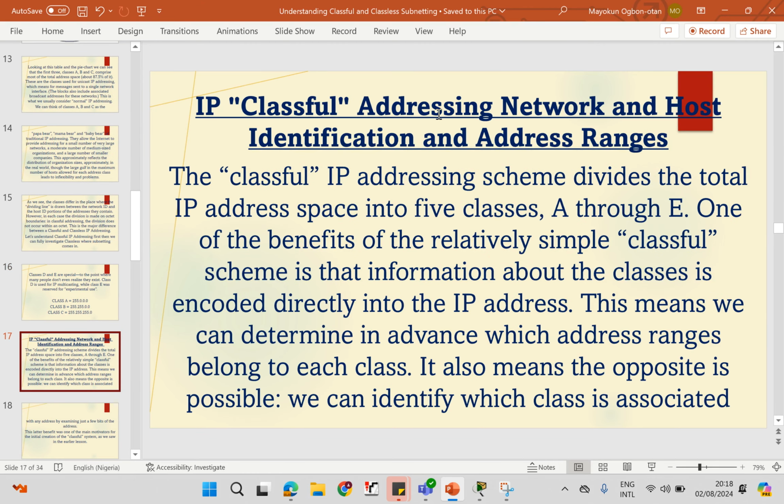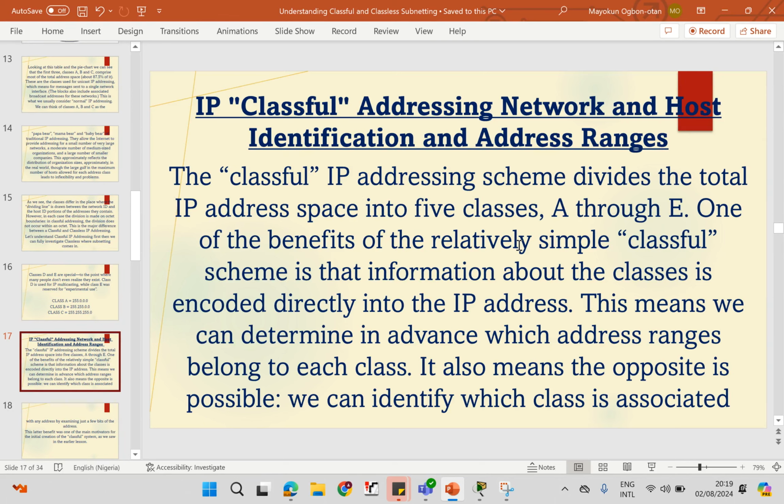IP classful addressing network and host identification and IP address ranges. The classful IP addressing scheme divides the total IP address space into 5 classes, A through E. We've looked at all of this. One of the benefits of the relatively simple classful scheme is that information about the classes is encoded directly into the IP address.